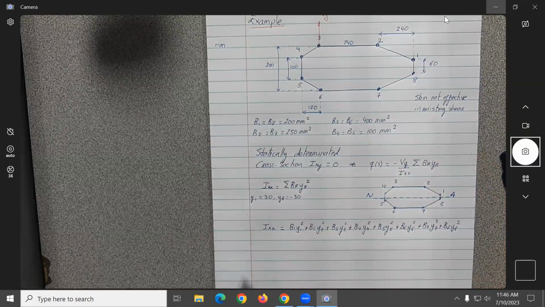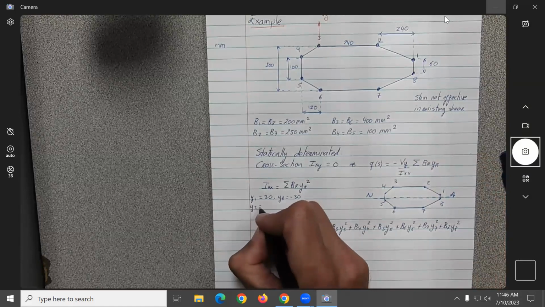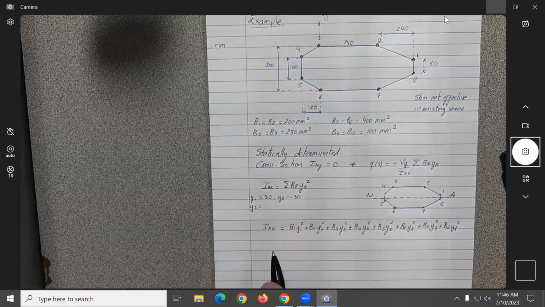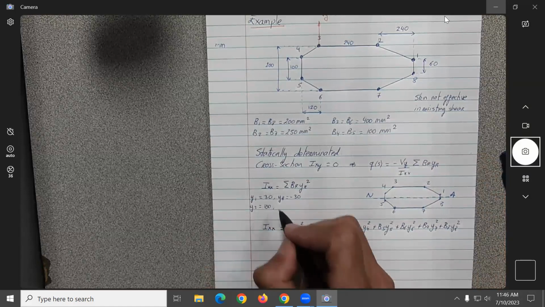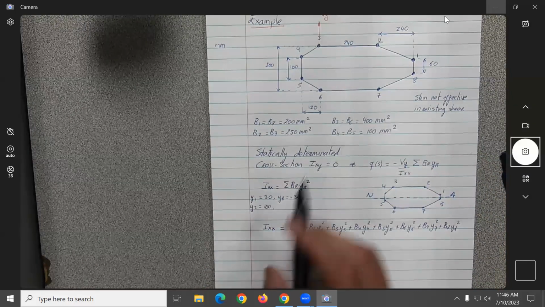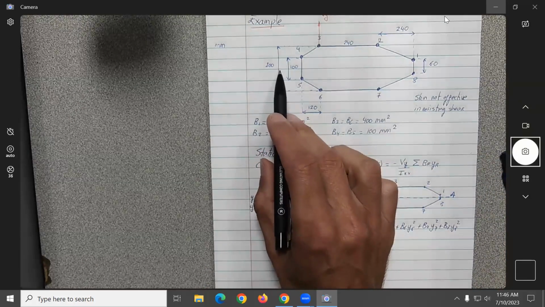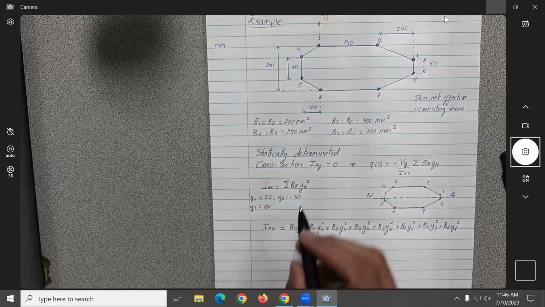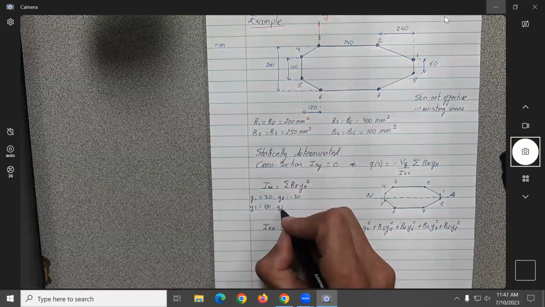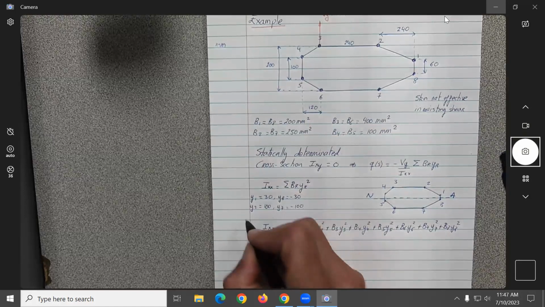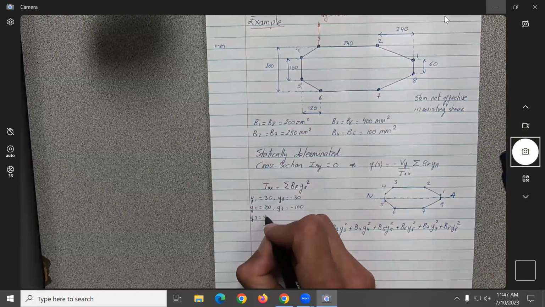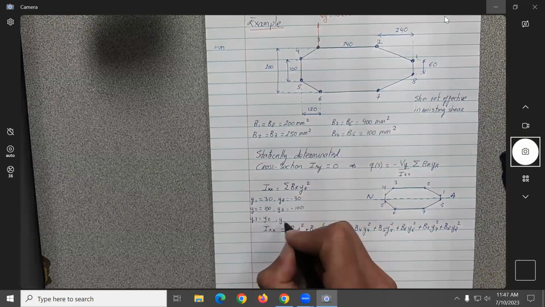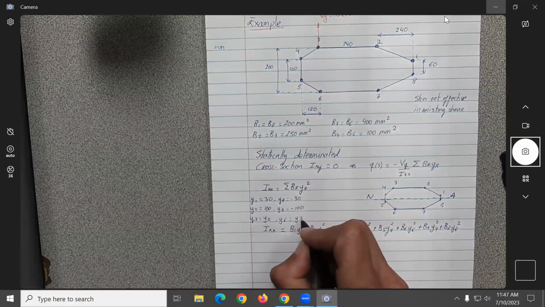Y2 should be 100, and y7 minus 100. Y3 is the same as y2, and y6 equal to y7.